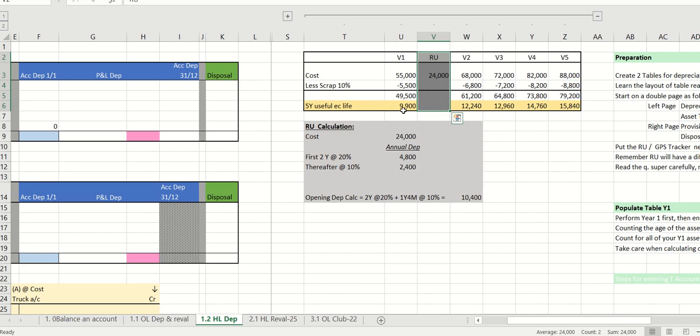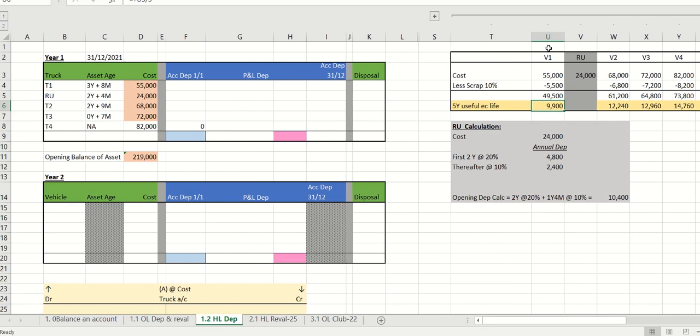Okay, so 9,900 per year for truck one. Okay, so I'm going to have 9,900 times 3 full years, and I'm going to have 9,900 divided by 12 and multiplied by 8 months. So 3 years and 8 months. That's my opening depreciation for truck one.